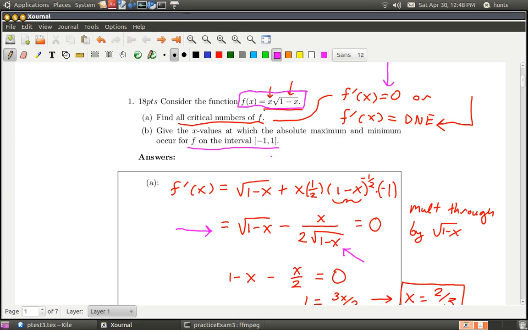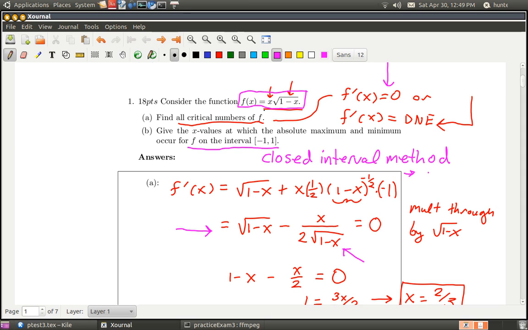And remember, the thing that we used to find where the absolute max and the absolute min occur is something called the closed interval method. You can look that up in the book, but basically all it says is that all we need to do is check the critical numbers and also the endpoints of the interval. So that's all we have to do now to finish part B, okay?